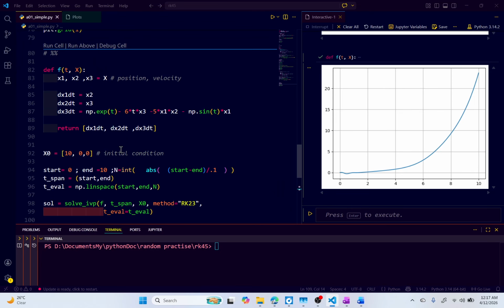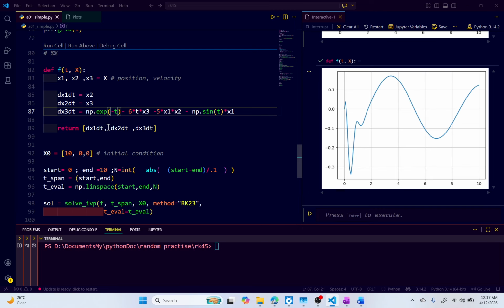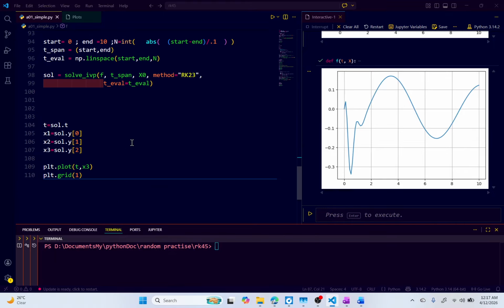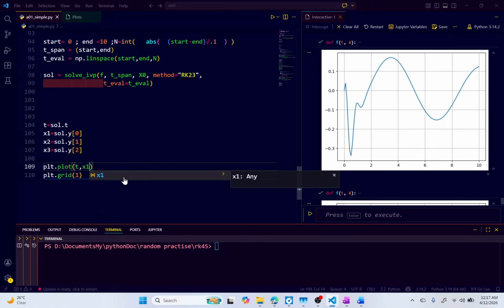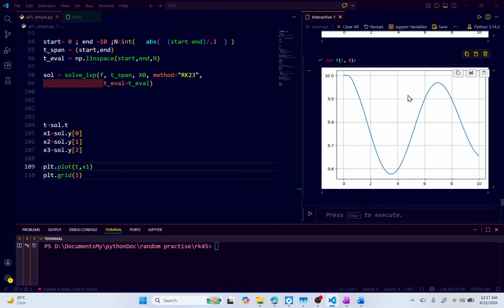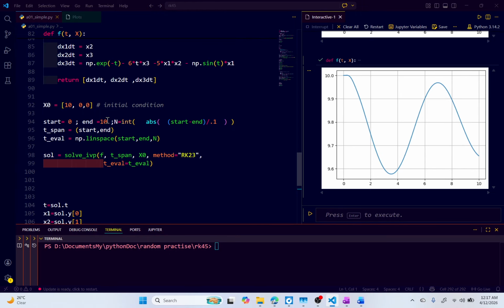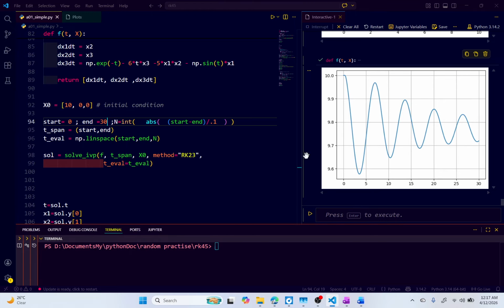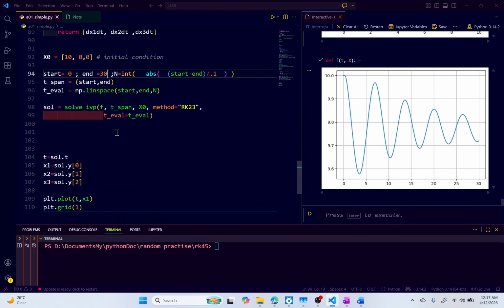But why this is increasing? I think for exponential part here, let me write here minus, and let's see what. Oh, okay, if I change the function, now you can see that what is x1. Let's see what is the position. So position looks like this. If I increase the time, let's say 30. Oh, it's damping. Let's take here 50.